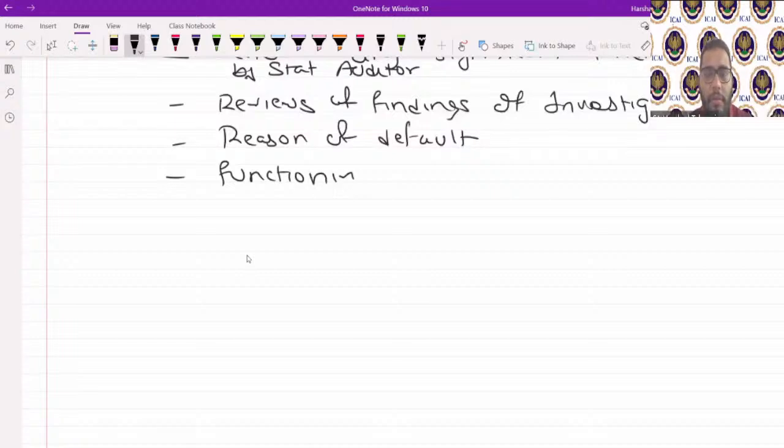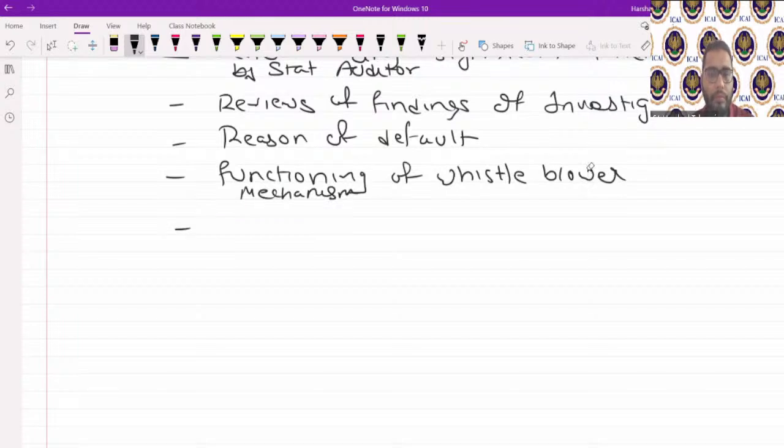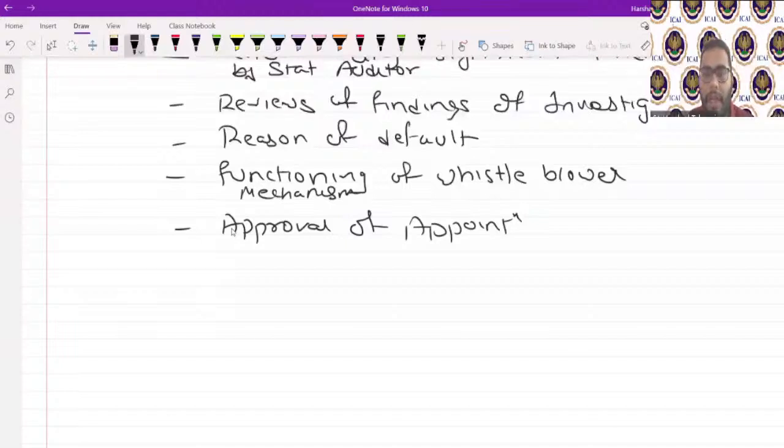Functioning of whistleblower mechanism. Approval of appointment of CFO, so CFO's appointment approval.